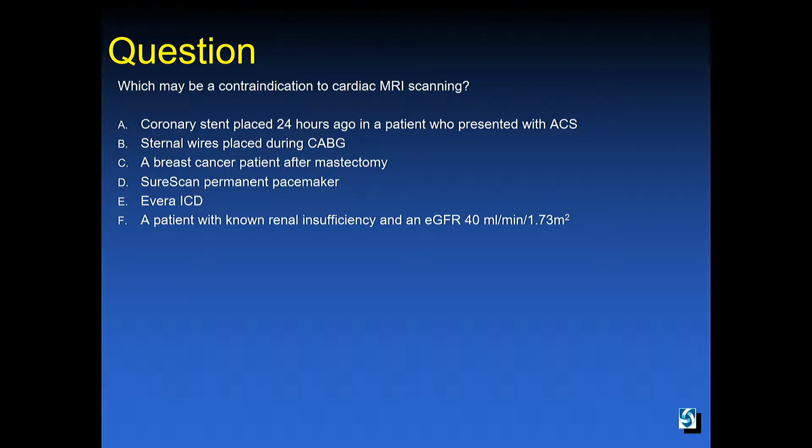Which one of these may be, or at least is the most risky to perform a cardiac MRI? Now, some of these materials I have not covered, but we can still discuss this.